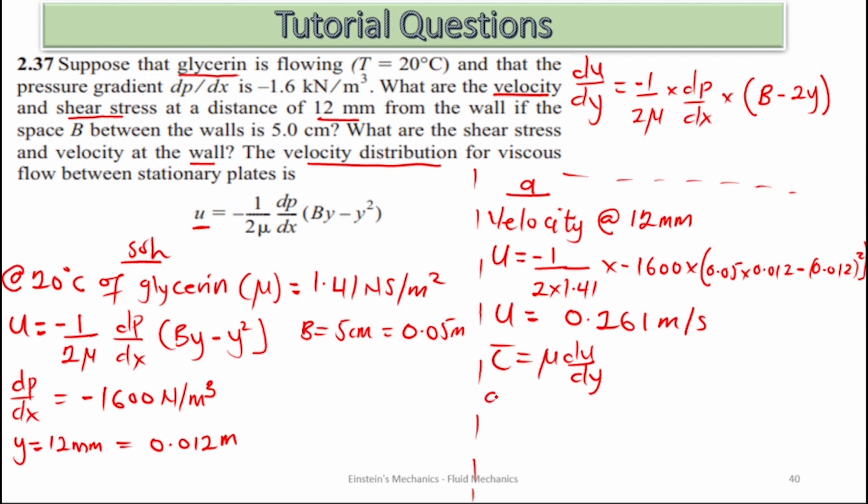So here, my du dy is going to be still -1/2, and the mu is known, 1.41, multiplying this is -1600, multiplying our b, which is 0.05, minus 2 times our y, which is 0.012.